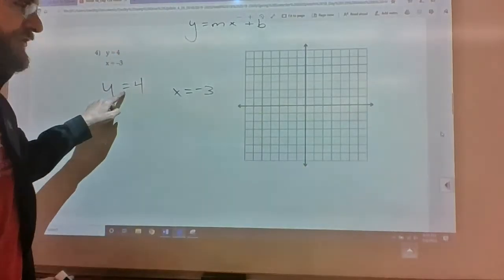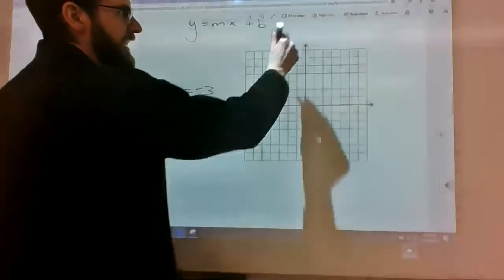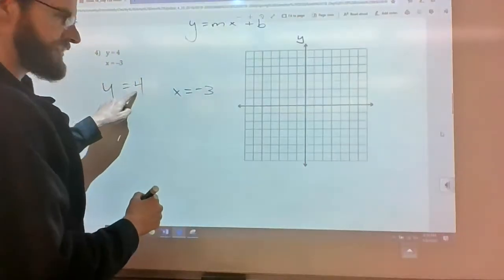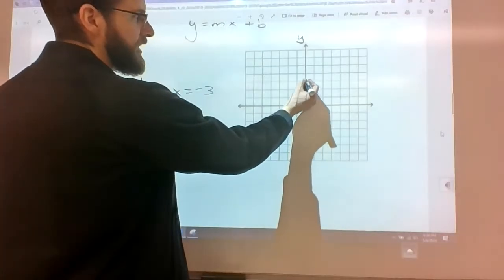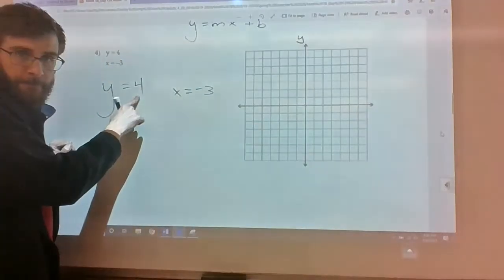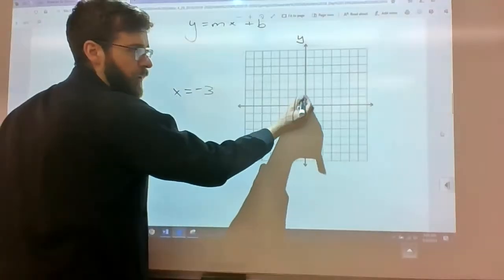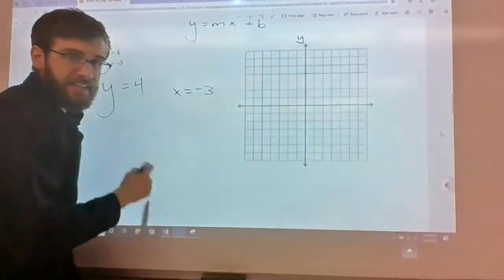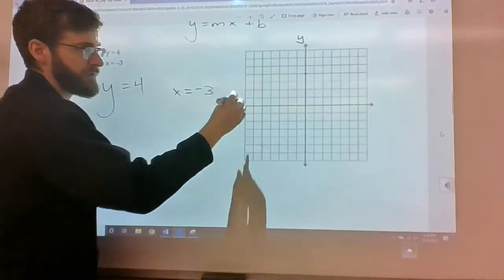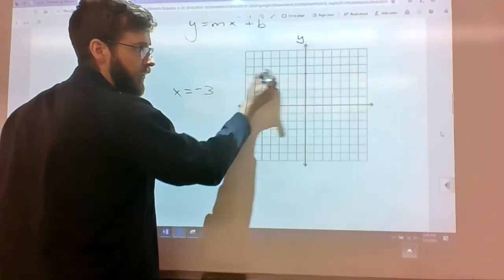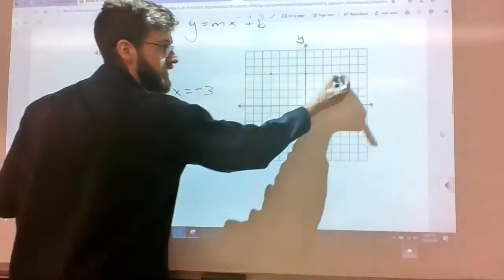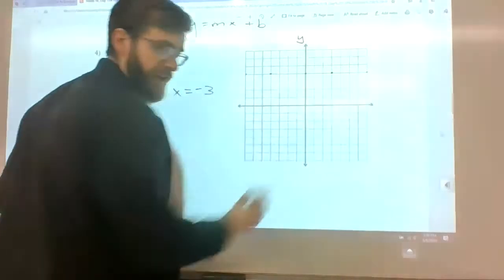So when you see y equals 3, it's this idea that it's going to cross the y-axis at 1, 2, 3. y equals 4 means it's going to cross the y-axis at 1, 2, 3, 4. And it's going to be horizontal. So the y value is going to be 4 here, and there, and pretty much everywhere on that line.